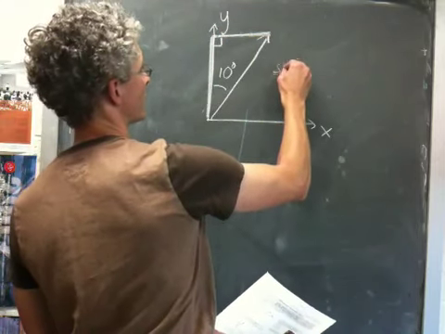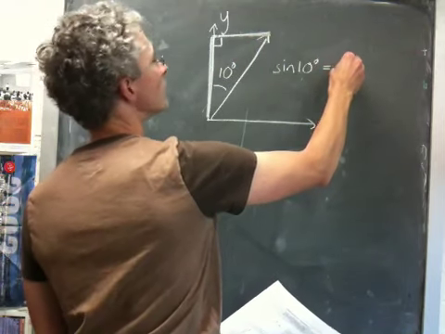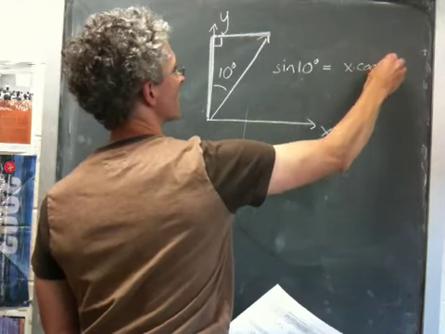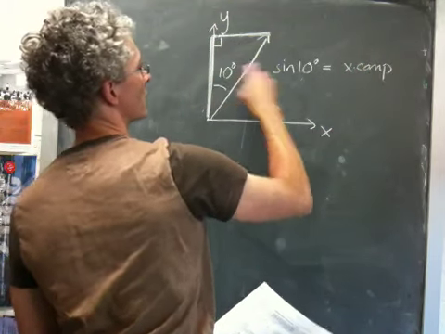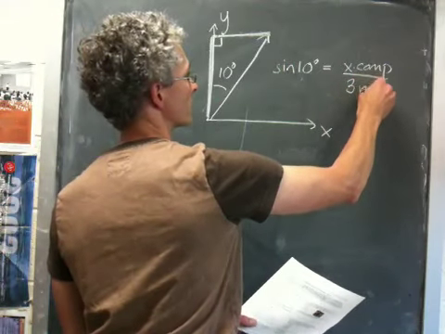So sine of 10 degrees is opposite over hypotenuse, which is the x component of the vector. This one is opposite the 10 degrees, divided by the hypotenuse, which is the magnitude of the vector that we know is 3 meters per second.